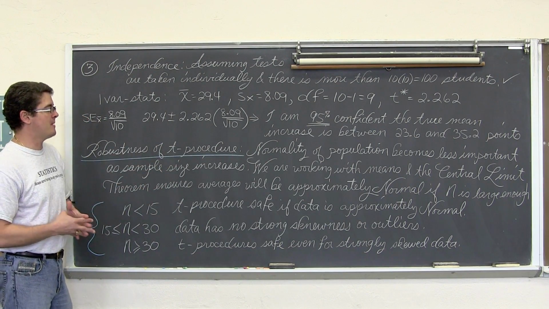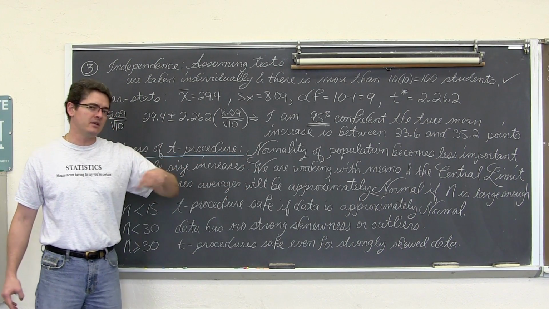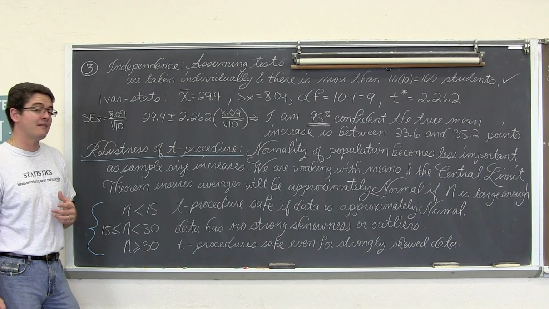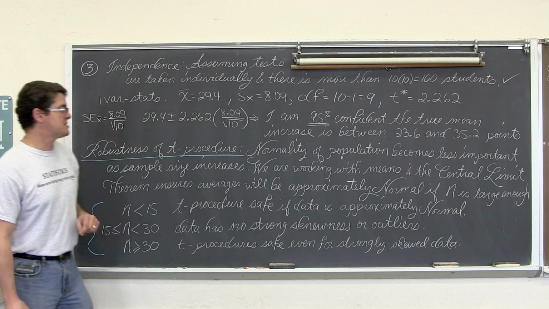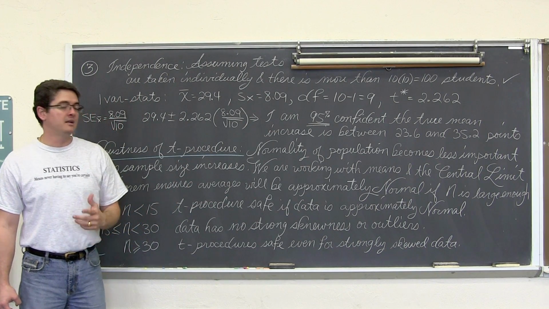So the normality of a population becomes less important as sample size increases. That's giving the central limit theorem more data to work with and make sure the distribution of those averages is approximately normal. And so we are working with means and the central limit theorem to ensure averages will be approximately normal if n is large enough.